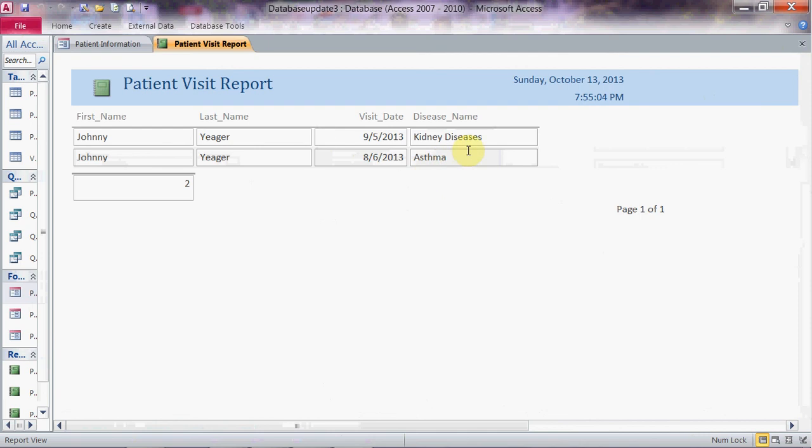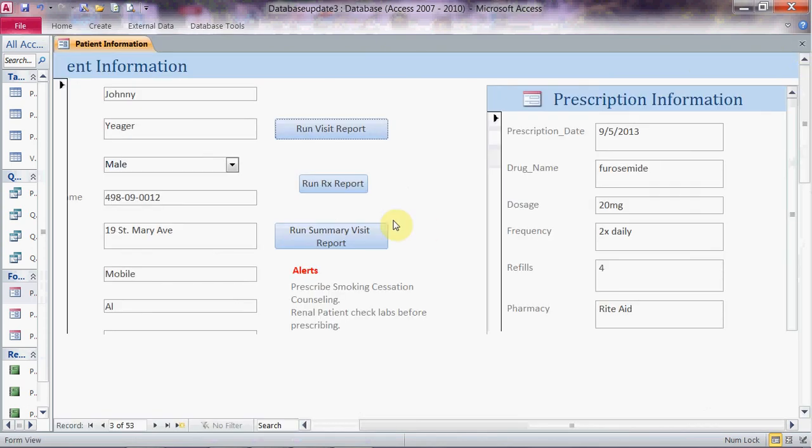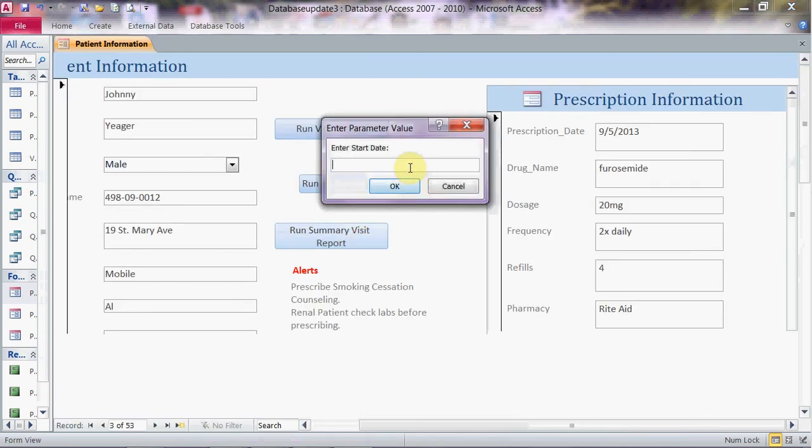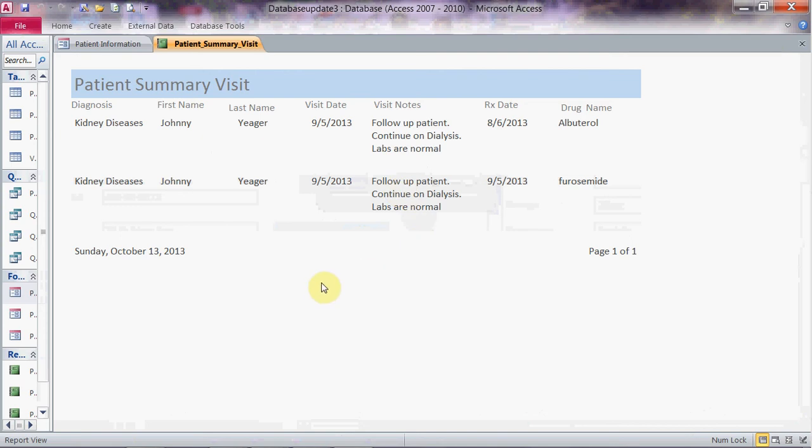There, we see that he's been treated for kidney disease, and he also has a history of asthma. And on our summary report, we can see the things that happened at the time of his visit.